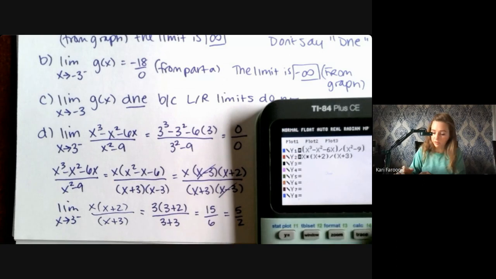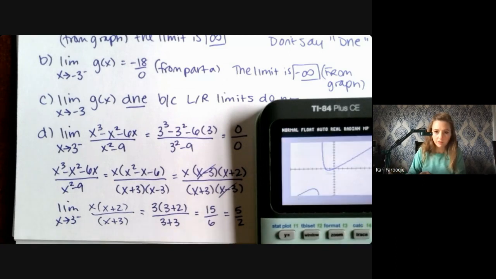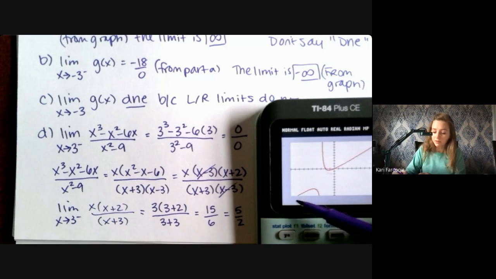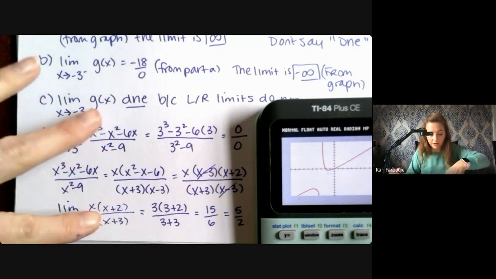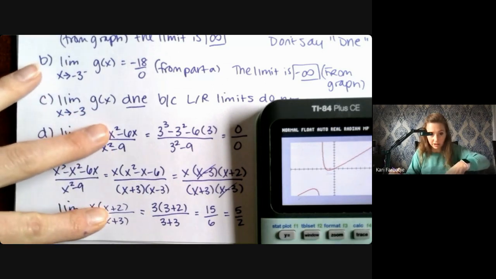I'm not sure how well these colors will come out, but watch what happens. If the colors don't come out, you're like, what happened? Nothing happened. No, something did happen. The graph graphed over itself because these two are actually the same function. One of them just has a discontinuity at 3 and the other one doesn't.